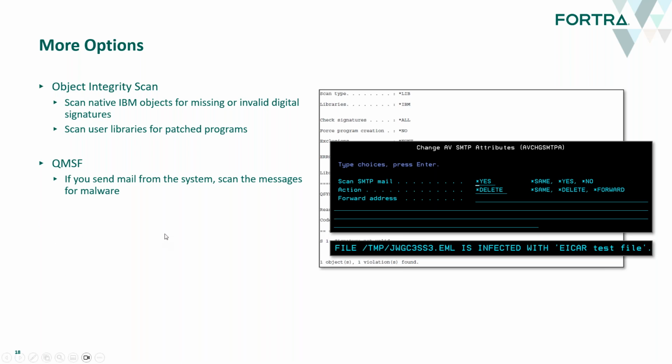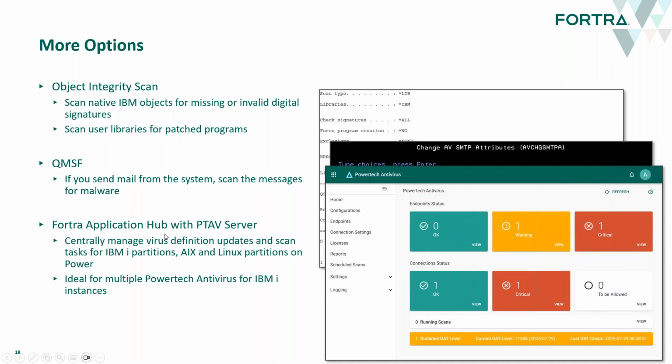All right, last thing here for the additional features: the Forge Application Hub with our Powertech Antivirus server. So this interface allows you to centrally manage virus definition updates and scan tasks for those IBM i partitions. It also allows you to manage your AIX and Linux partitions on Power.